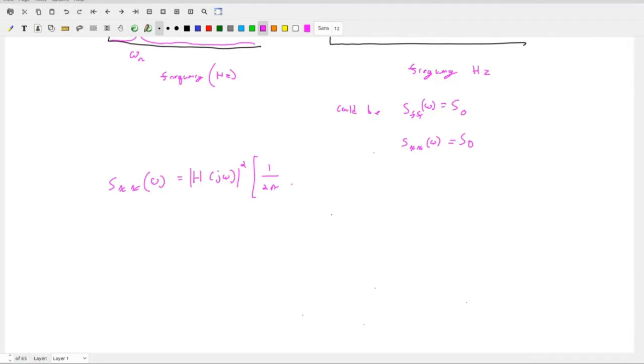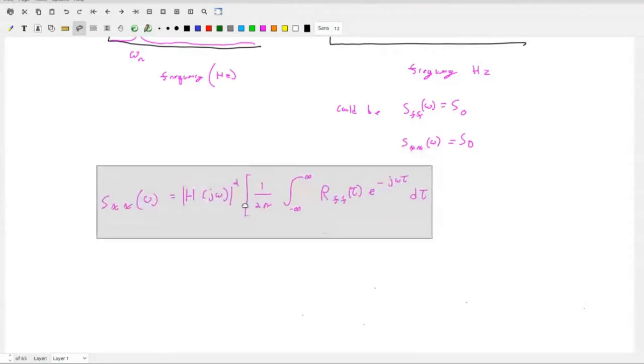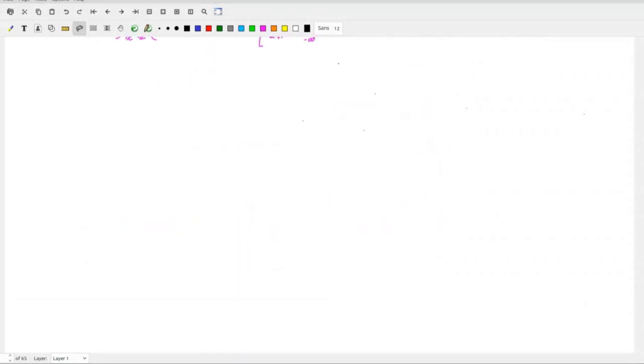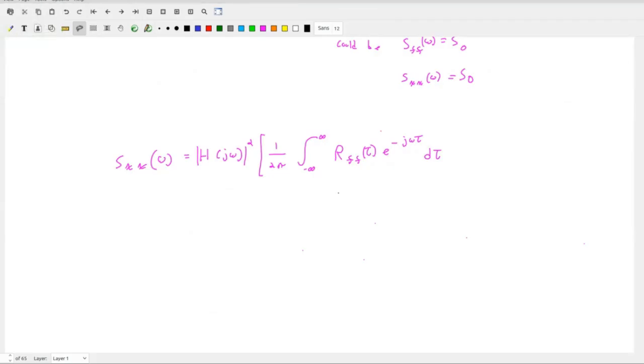Times 1 over 2 pi, integral from negative infinity to infinity, RFF, that's the autocorrelation of our forcing function, as a function of tau, and then e to the negative j omega tau d tau. Gonna need a box here, aren't we?